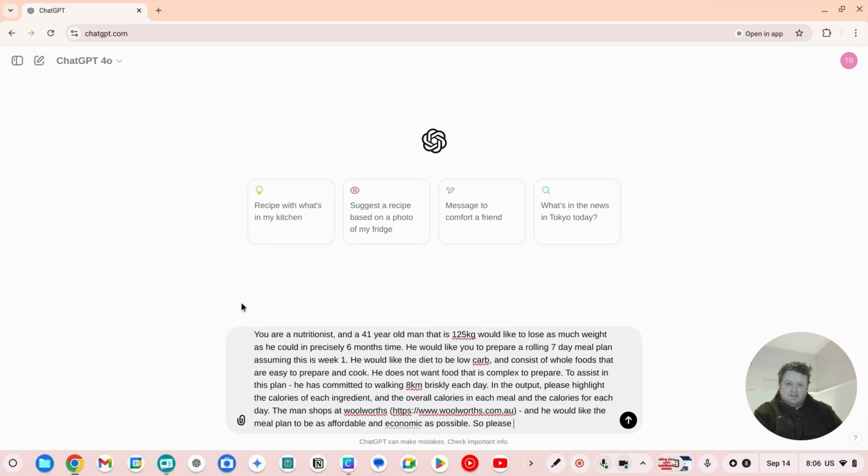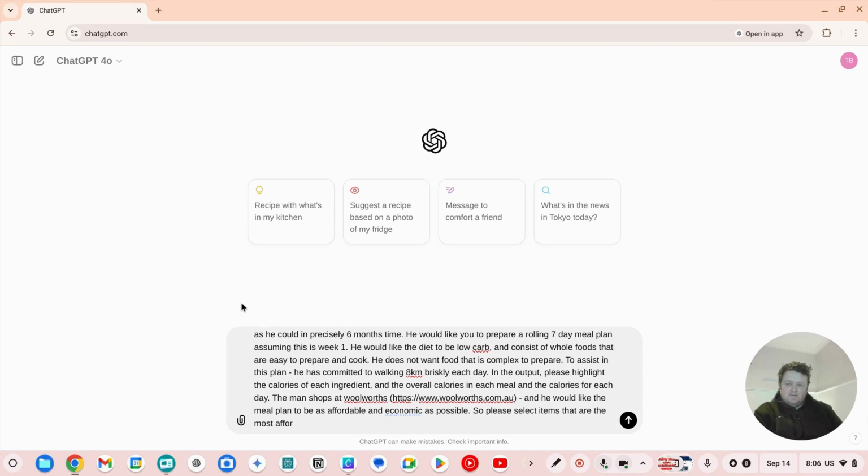So please select items that are the most affordable. Please let me know if you can't achieve any of this.